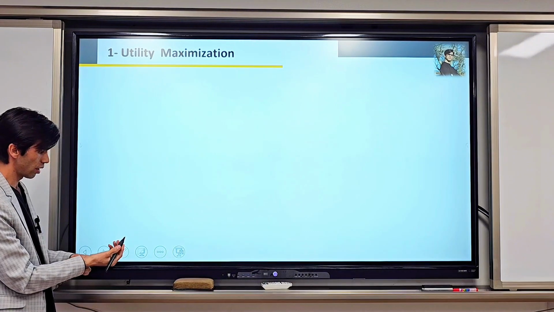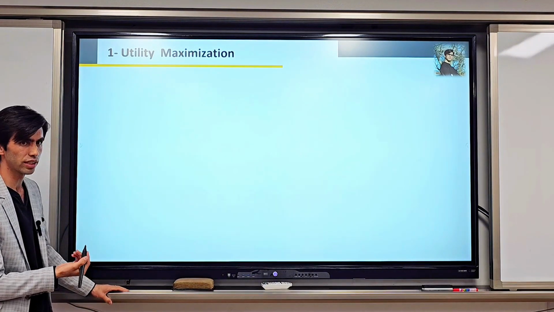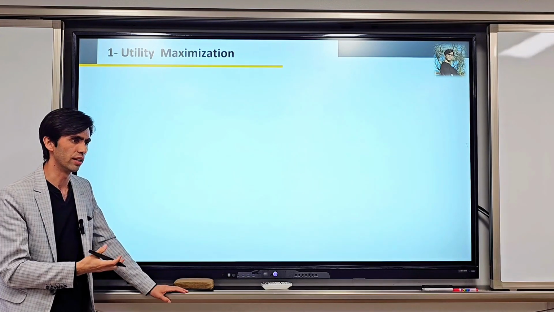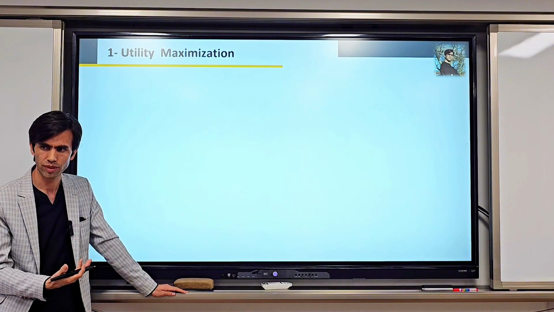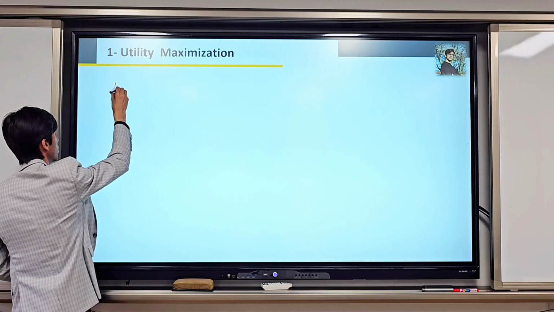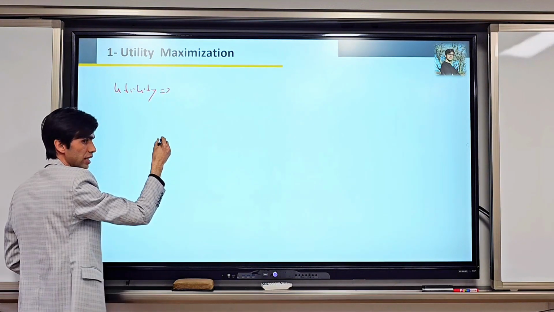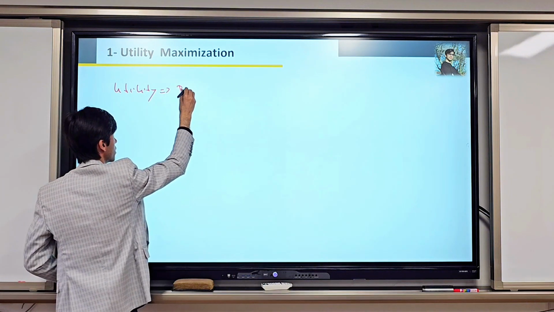So now let's start on utility maximization. Based on the preference axioms, utility represents our preferences.